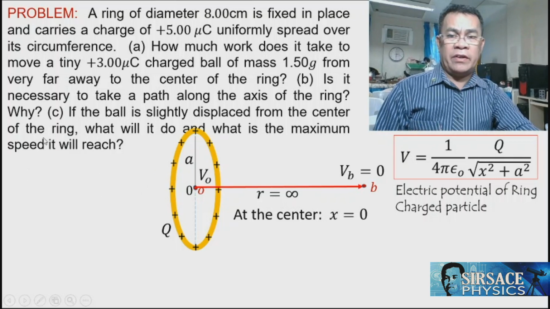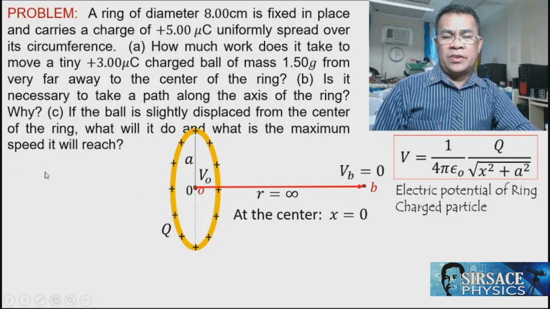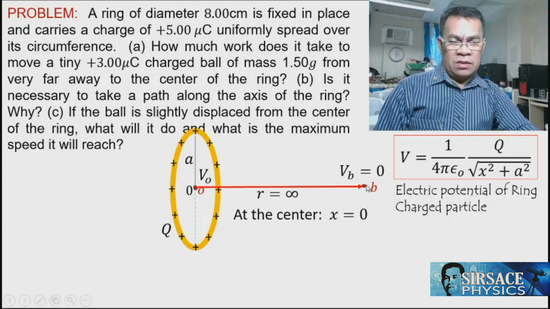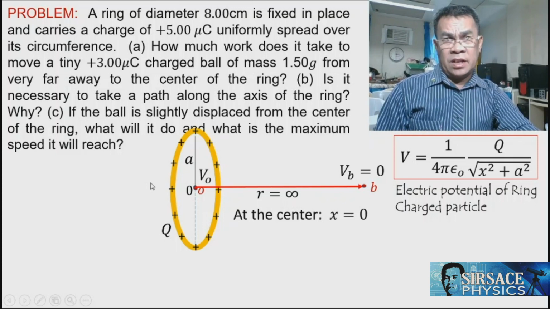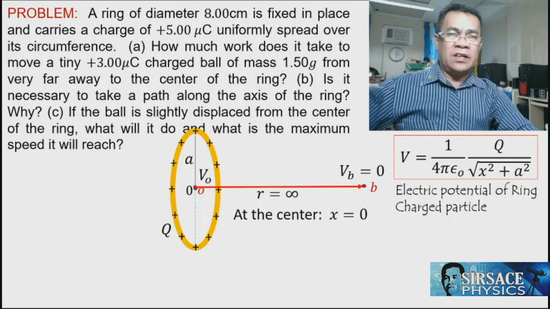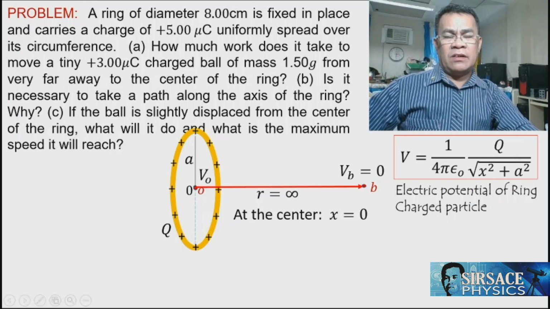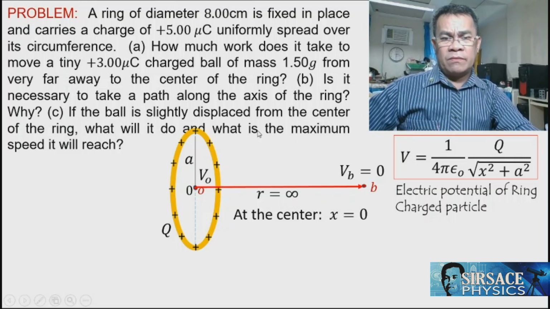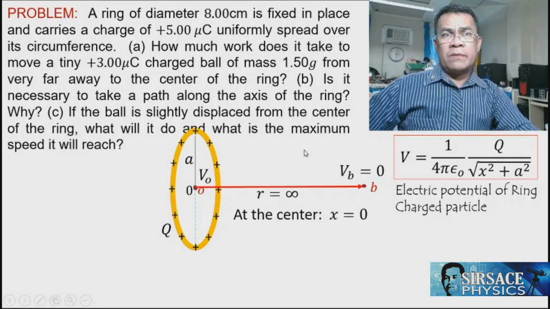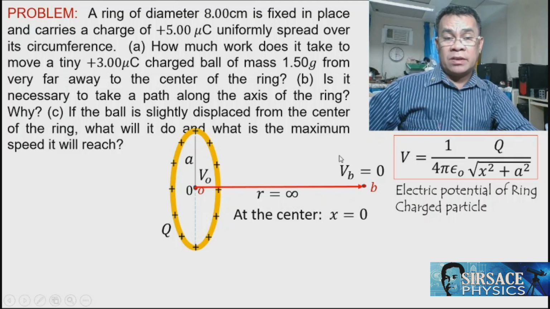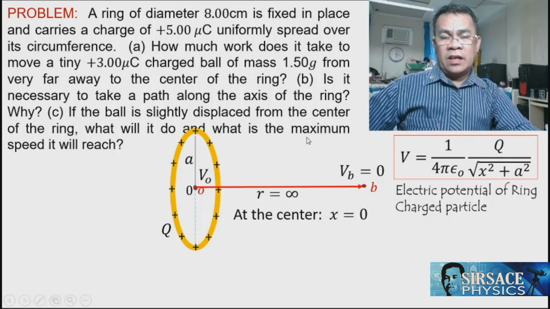Work done. You review your notes on the previous video. When we say work done from A to B, this one is from B to O. Work done from B to O is, take note, the negative change in potential energy. If you remember, in our previous definition, the work done from A to B is the negative change in gravitational or electric potential energy.